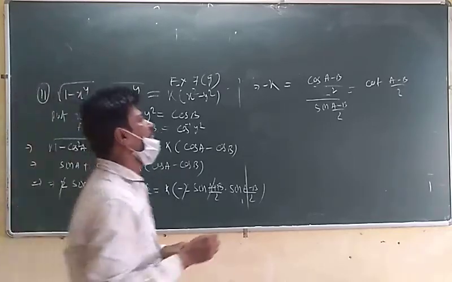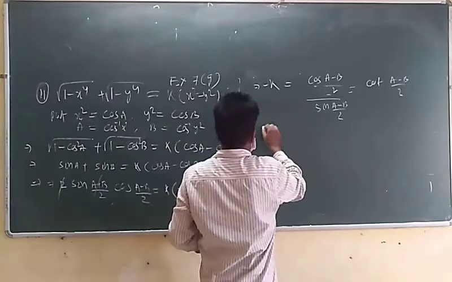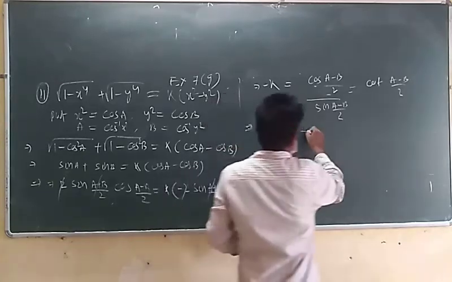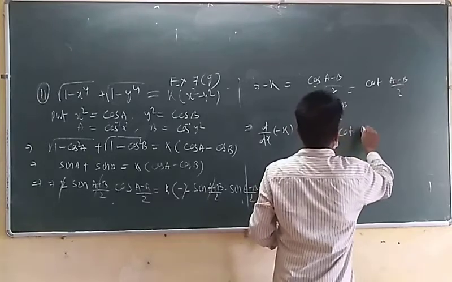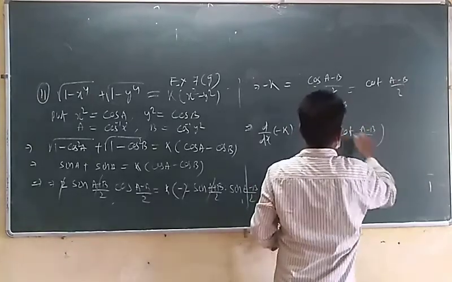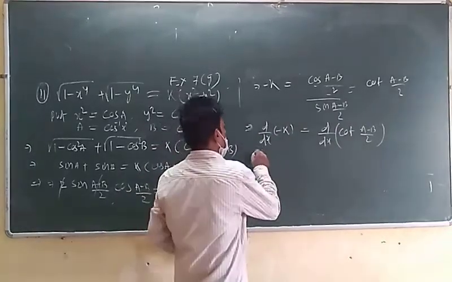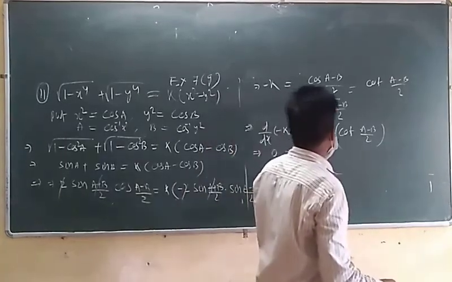Now, differentiating both sides, d by dx of minus k, d by dx of cot (A minus B)/2. You look, d by dx of k is equal to 0, because the derivative of a constant is equal to 0.